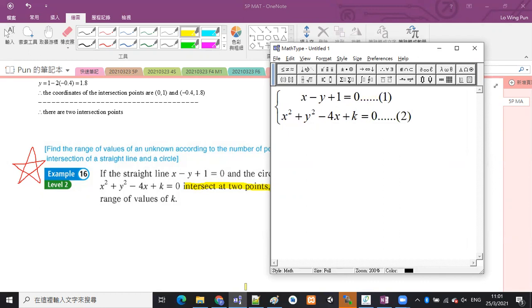Okay? And because it is about intersection points, we are going to solve the simultaneous equations. Equation 1 is the equation with no square term. So we start from equation 1.